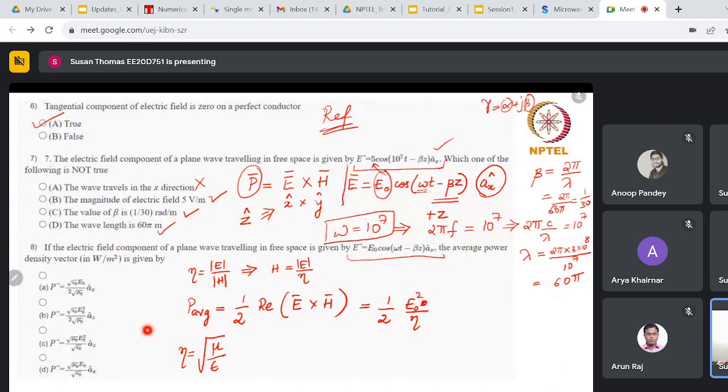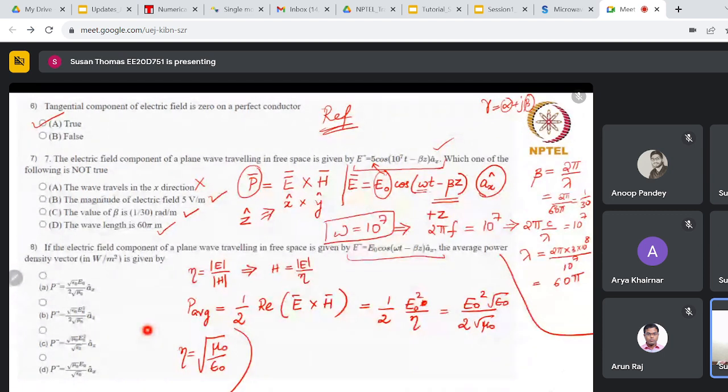Okay. If it is in free space, I can make it as mu naught by epsilon. So E naught square by 2 root mu naught root epsilon naught. So average power density is E naught square into root epsilon by 2 root mu naught.